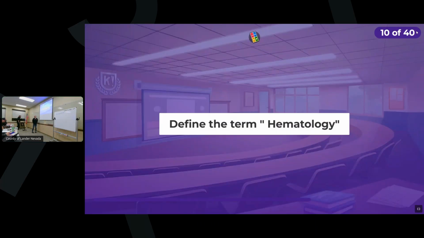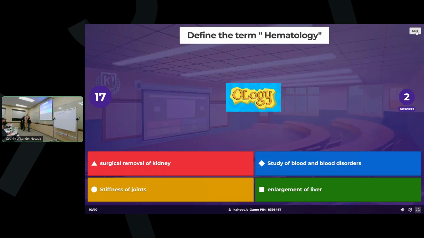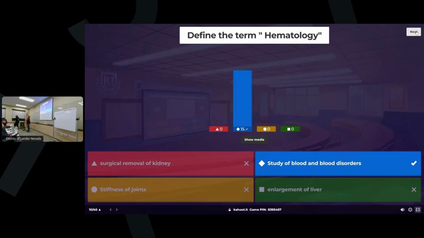Define the term hematology. So hema meaning what, and then tology meaning what else? Good job. Not too bad. Now we're doing good.